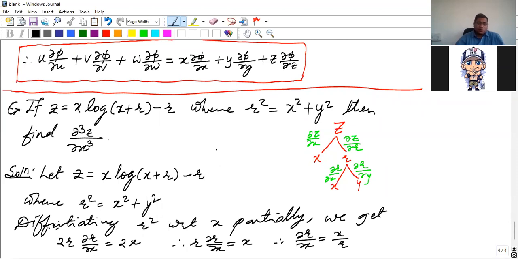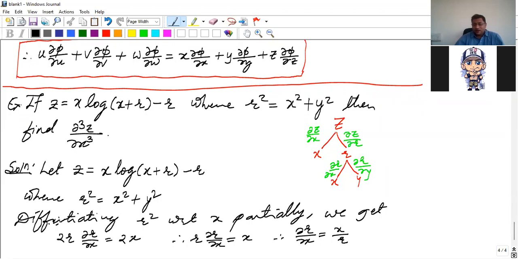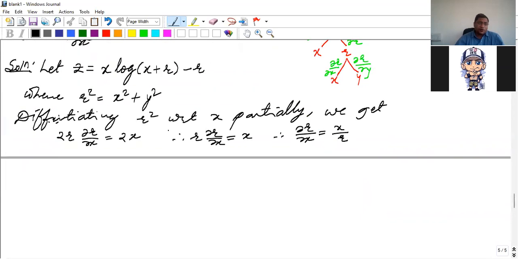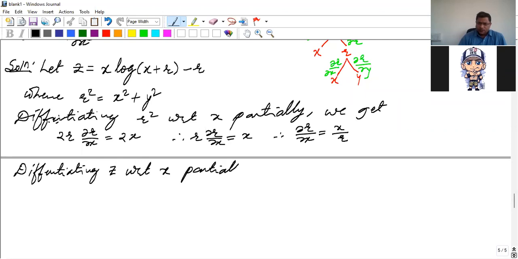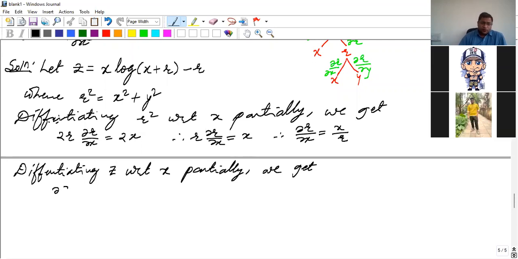Good. Now that I know the derivative of r with respect to x, I am able to differentiate z with respect to x, because here I need the derivative of r with respect to x, which we have done already. So differentiating z with respect to x partially, we get double z by double x is equal to double by double x of x log of x plus r minus r.